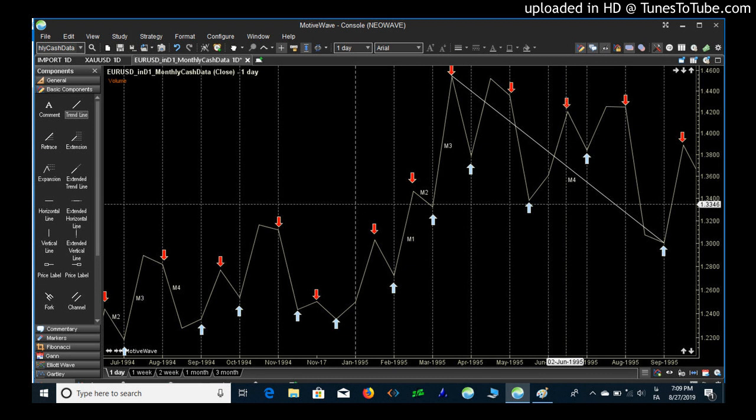So if this is a primary degree, the minute you give it a label, you instantly define forward and backward in time what constitutes a primary degree, within about one third of the price, time, and complexity of any other wave of the same degree. So this goes back to chapter 4, where it discusses the rule of similarity and balance. So the minute you call this wave 3, we instantly know that wave 4 is going to take at least as much time as wave 3.